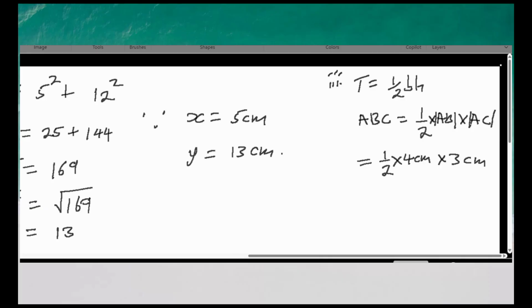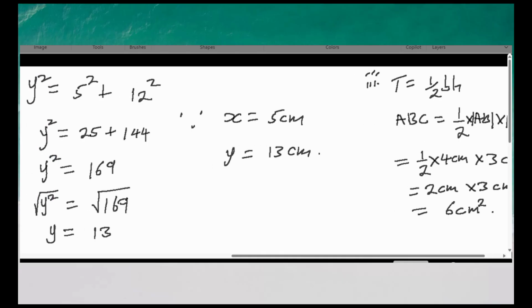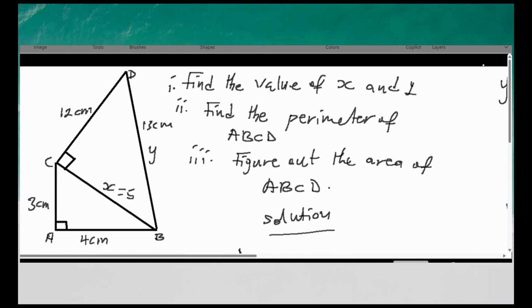And half of 4 is going to give us what? 2 centimeters times 3 centimeters. And 2 times 3 is going to be 6, and centimeters times centimeters is going to give us centimeters what? Squared. Right.